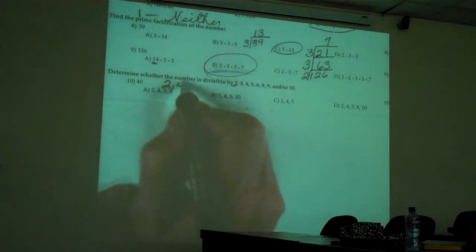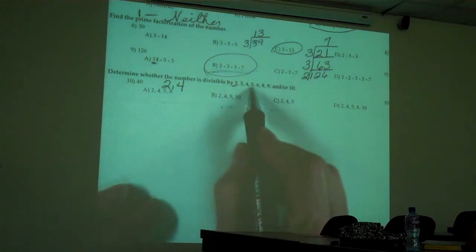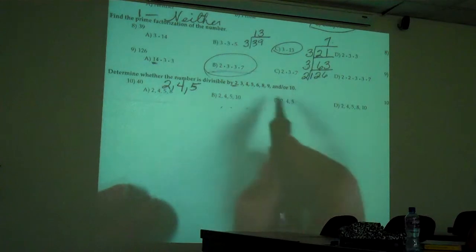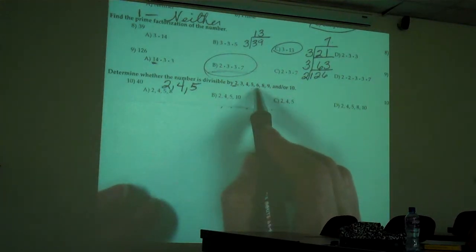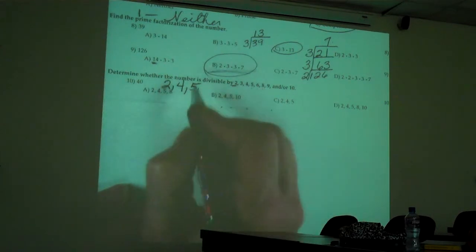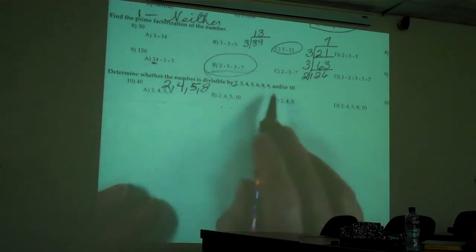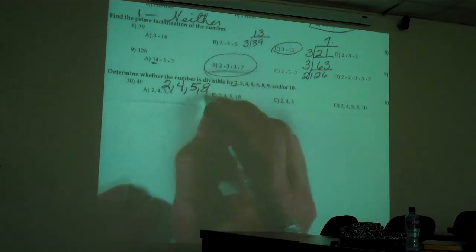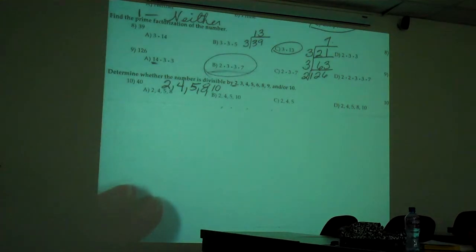How about 5? 5 times 8, right? 6? No. 40 will not divide by 6. How about 8? Yes, 5 times 8. Will it divide by 9? No. And 10? Yes. So 2, 4, 5, 8, and 10. That would be D.